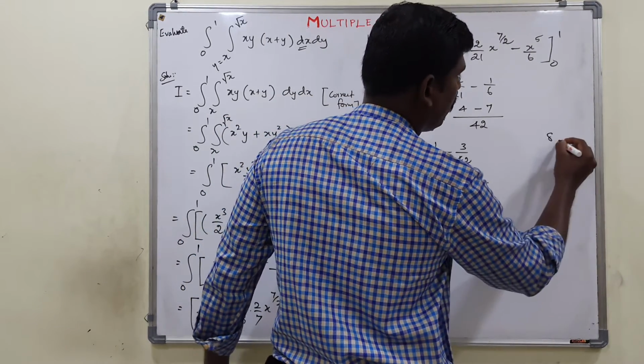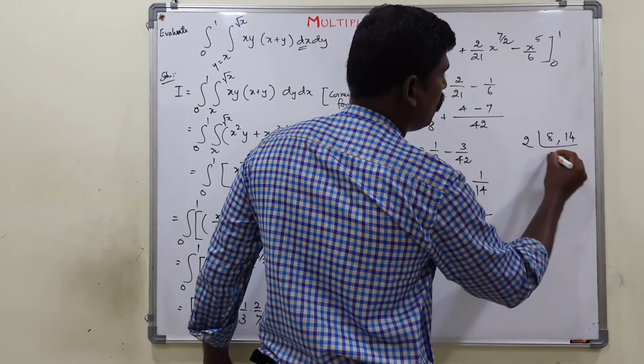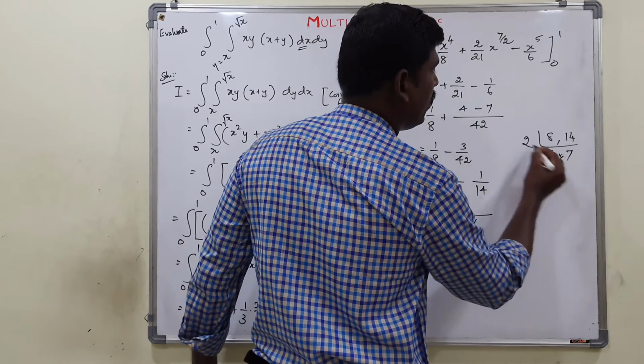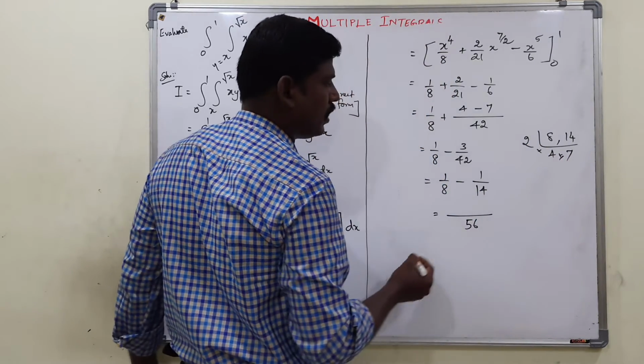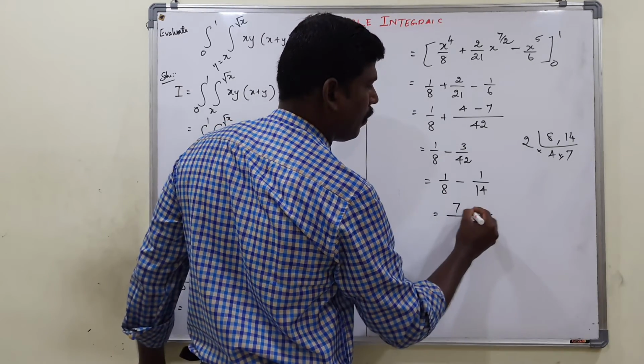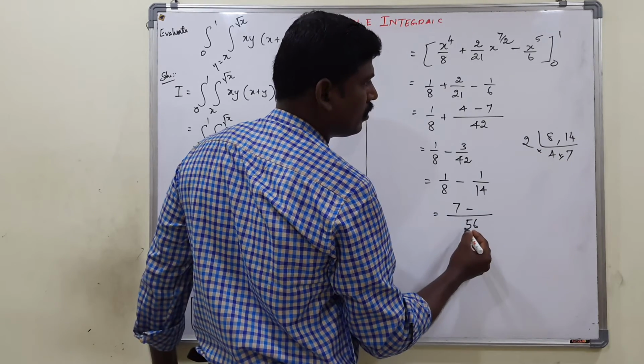Right? So shall we divide it by 2? So 4, 7. So this is the LCM, 28 into 2, 56. 56 as LCM. So how many 8s are in 56? 7 8s are. So 7 minus. How many 14s are in 56?